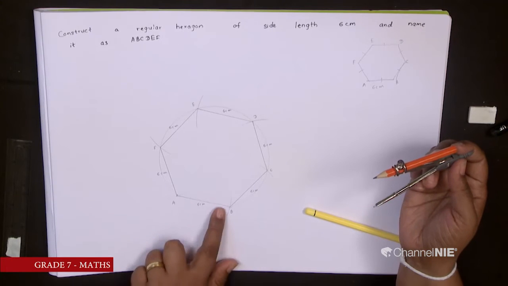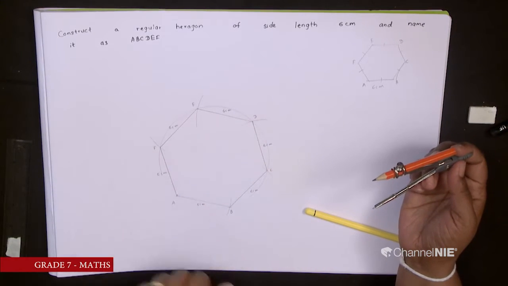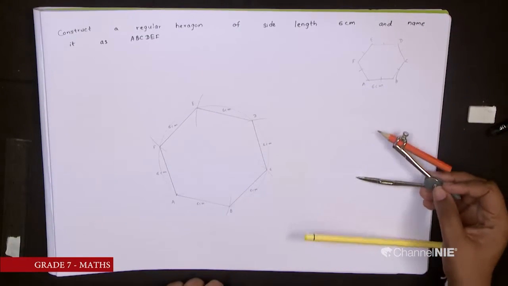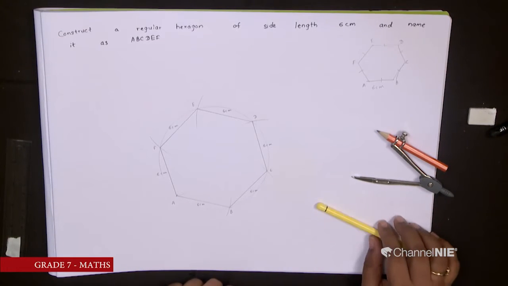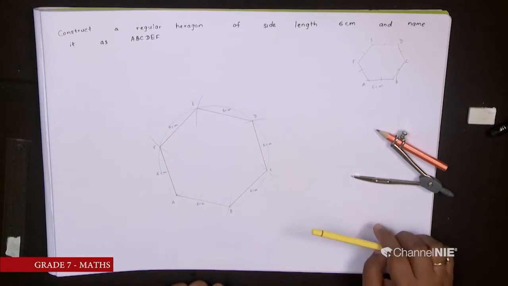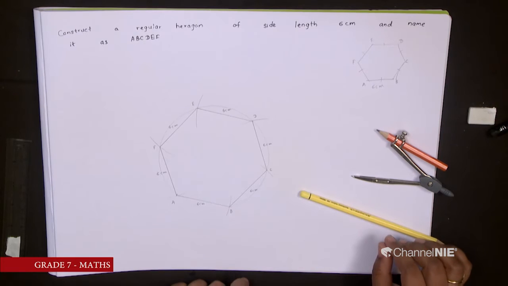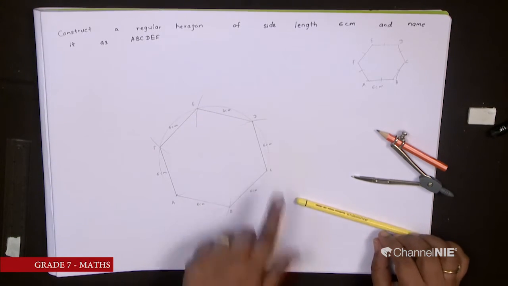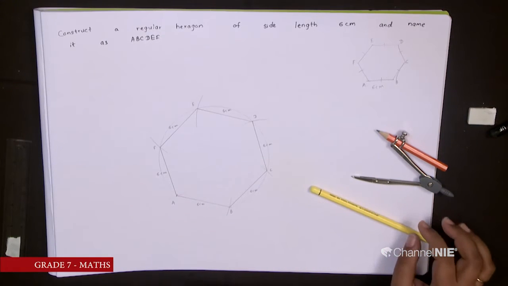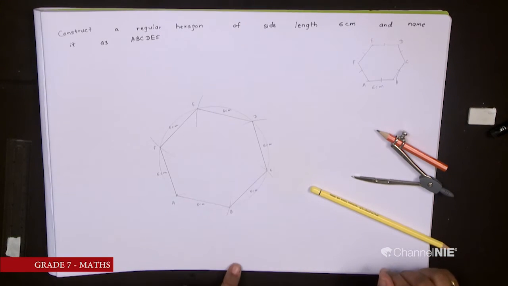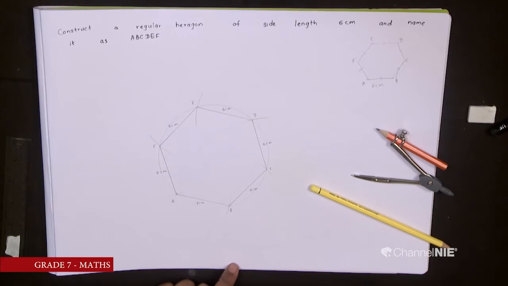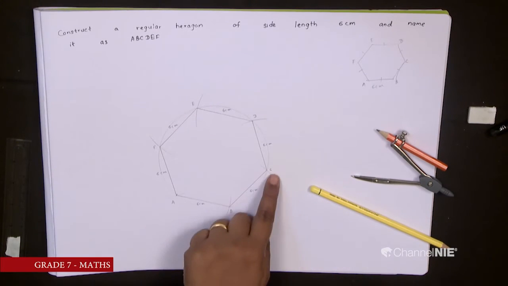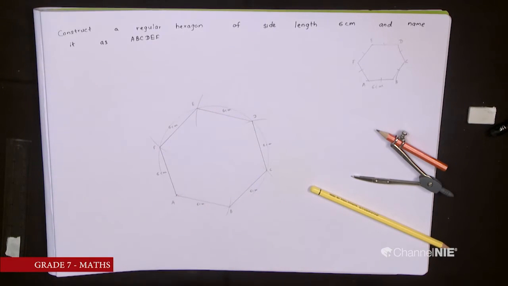And then I have joined all 6 points together, and I have completely constructed the regular hexagon of side length 6 centimeters. Therefore, I have marked the lengths near the sides, and I have named the regular hexagon as A, B, C, D, E and F.